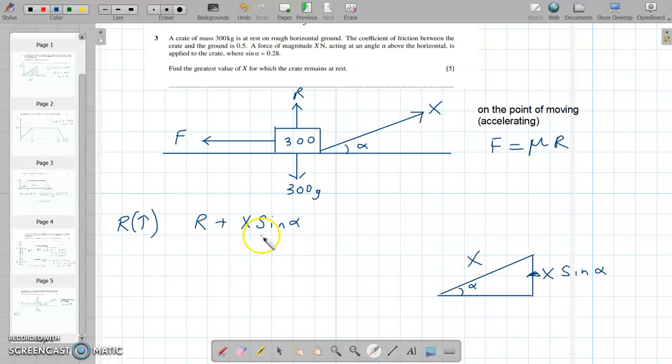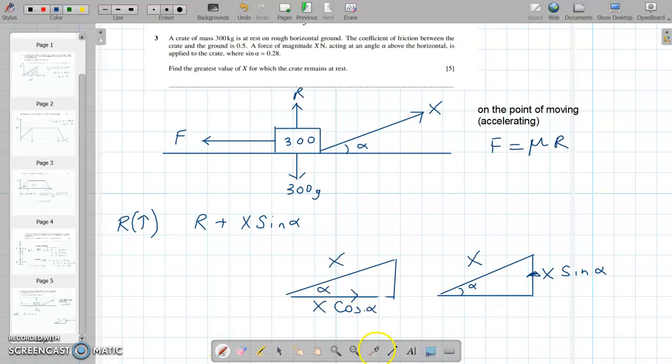Let me explain a little bit more why it's X sine alpha. Just think of that hypotenuse as X, so that length is X. There's our angle alpha. Looking at this, it looks like alpha is small, so it's got a small component going up. With SOHCAHTOA trigonometry, it's just X sine alpha, the hypotenuse times sine alpha.